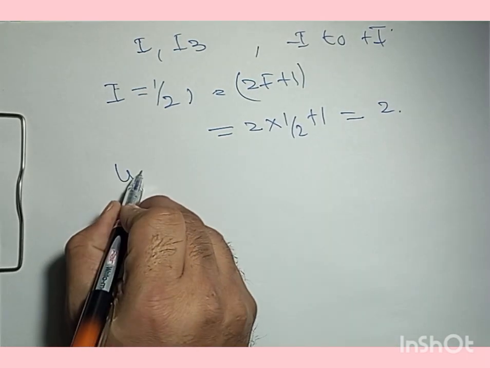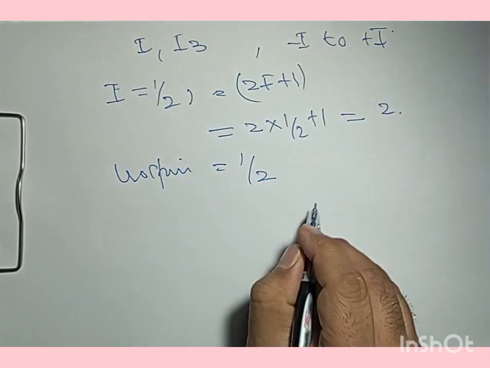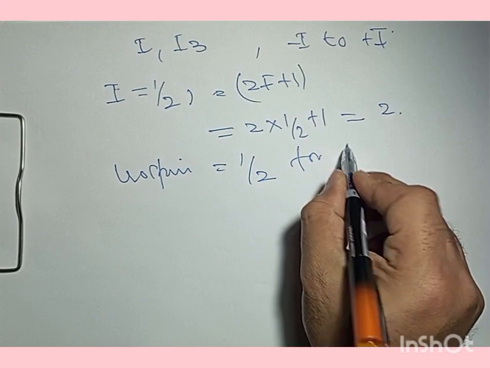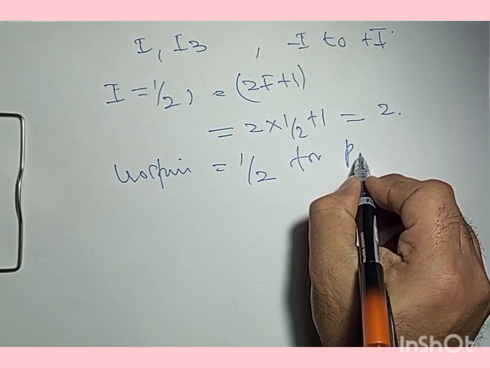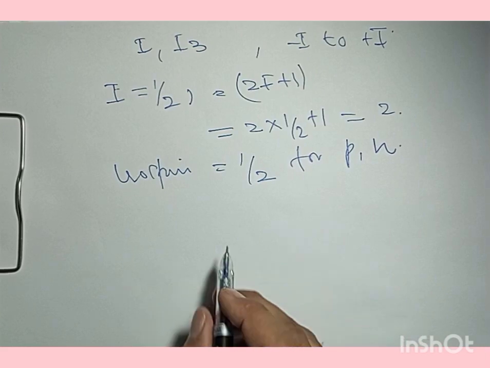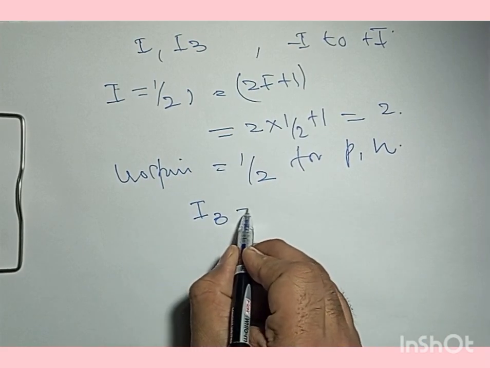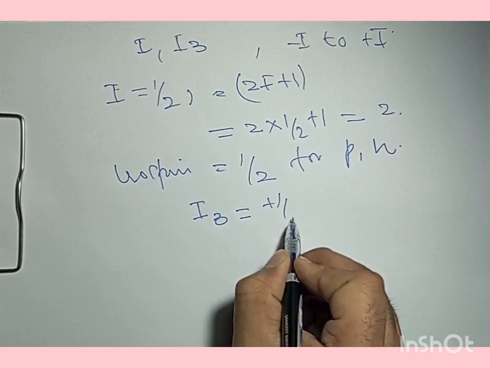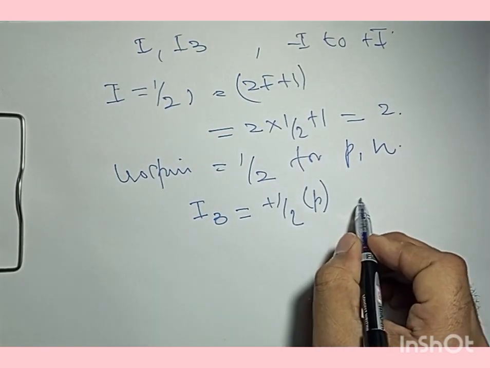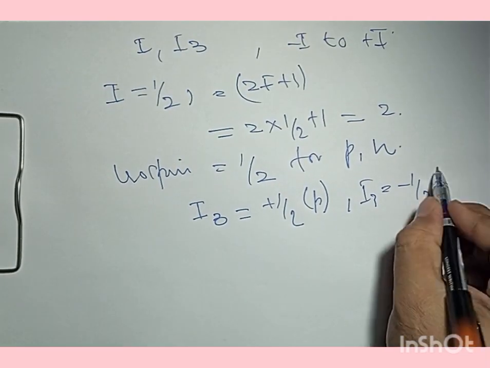And so isospin is 1 by 2 for both proton and neutron. With the third component, I3 is plus half for proton, and I3 is minus half for neutron.